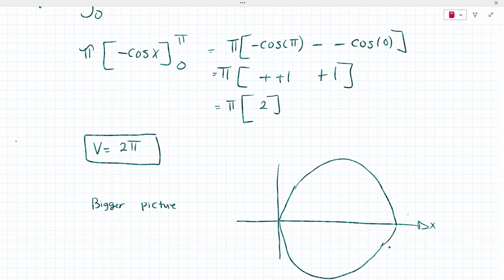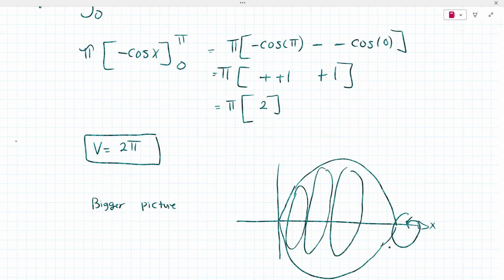So here's the x-axis, right? And we're making small discs like this. So if we add up all those discs from 0 to pi, we should get a total volume of 2 pi.